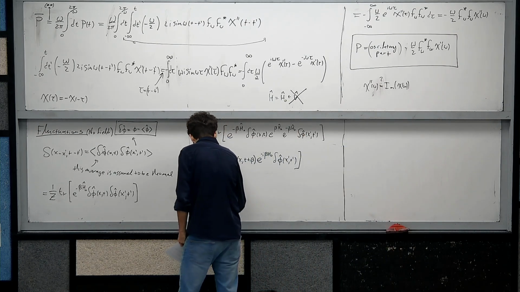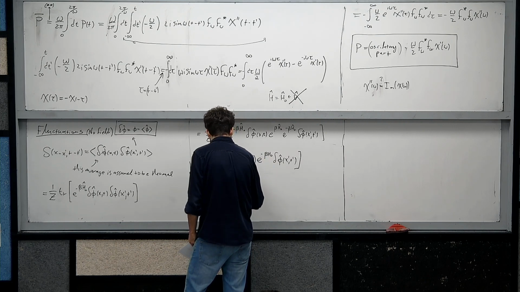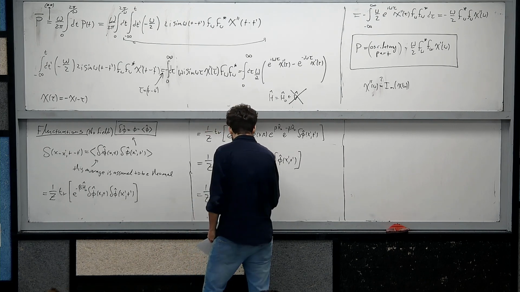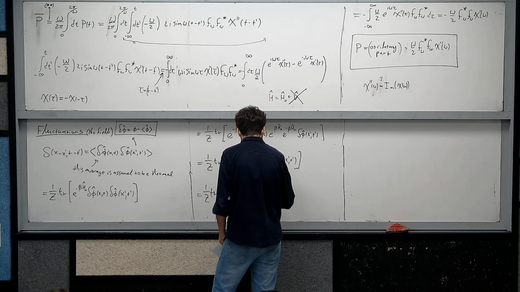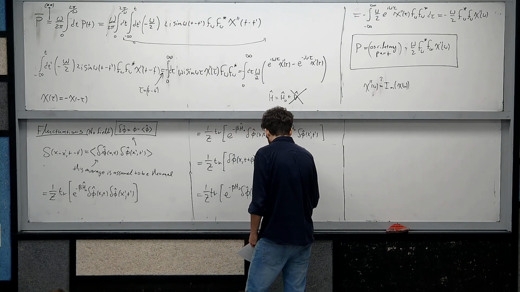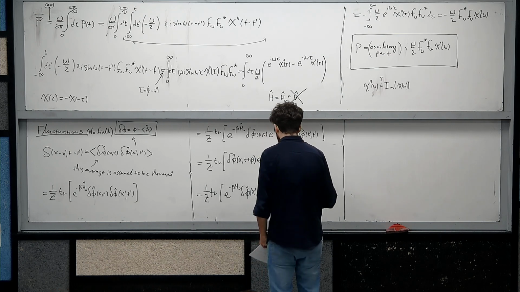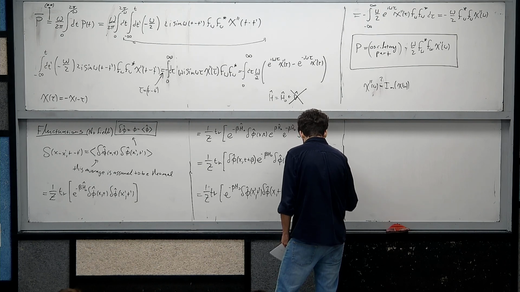So this thing is equal to 1 over Z, the trace of e to the minus beta H0, delta phi of x prime and t prime, delta phi of x and t plus I beta, which is nothing but the expectation value of delta phi of x and t, delta phi of x prime and t prime.